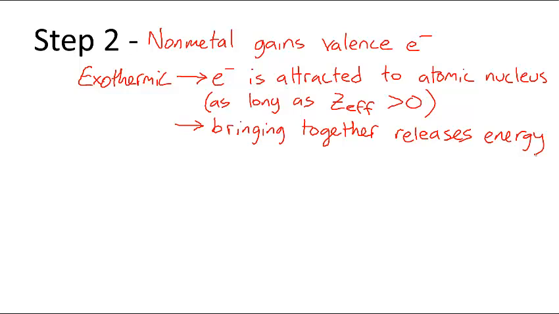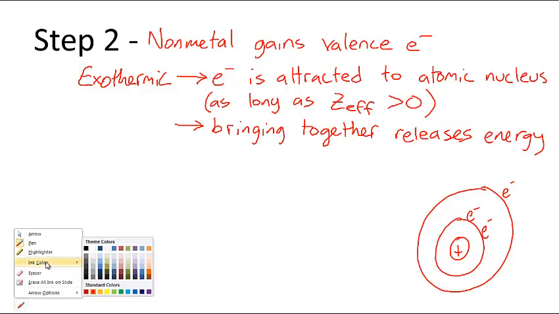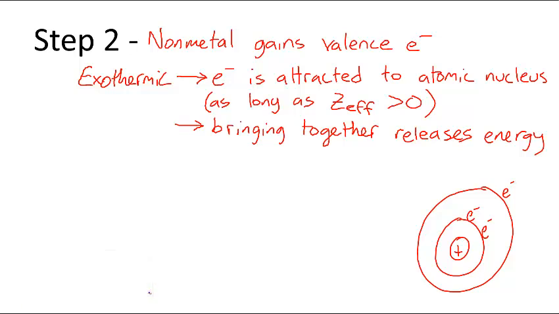Question? All right, so Z effective is the effective nuclear charge. Remember, you have a positive charge in the center of the atom at the nucleus. And then you've got some inner electrons, and then you've got electrons further out. Z effective is, for this further out electron, what's the charge that it actually feels from the nucleus? So this looks toward the nucleus, and let's say there's 3 positives.